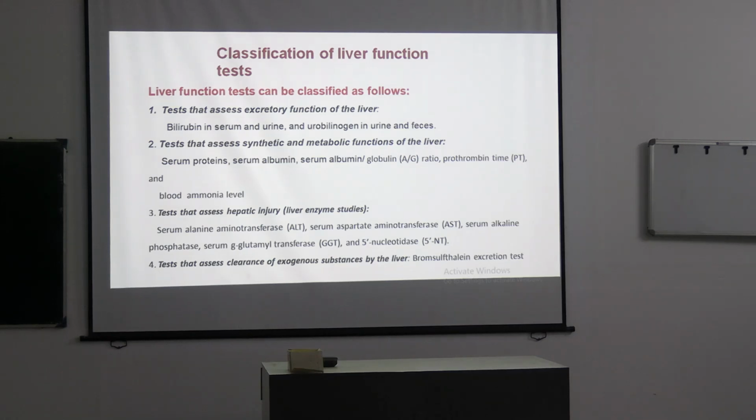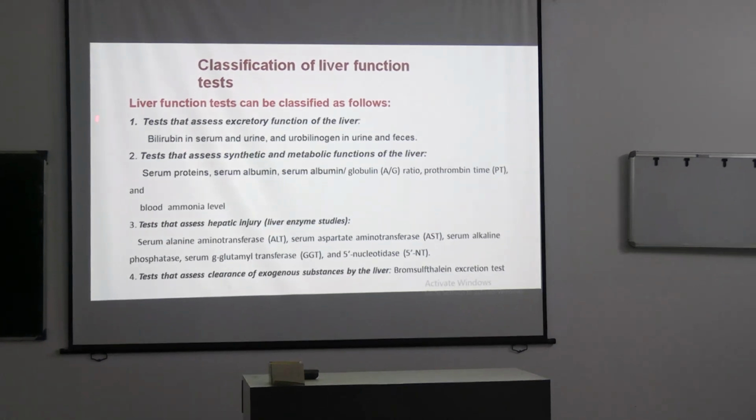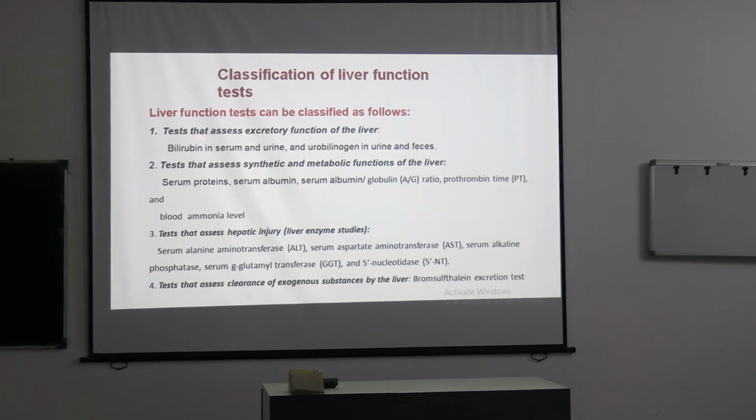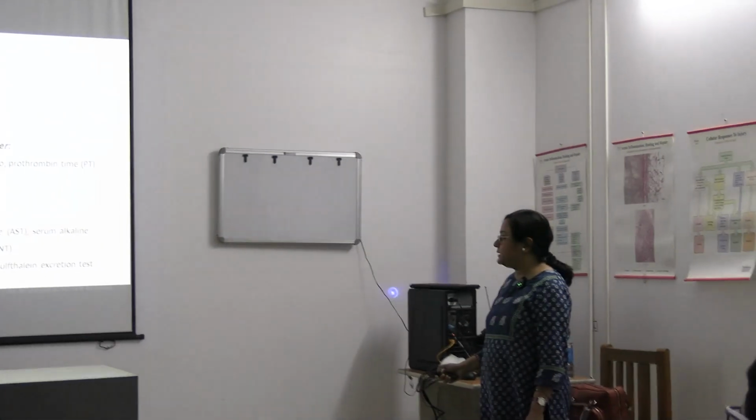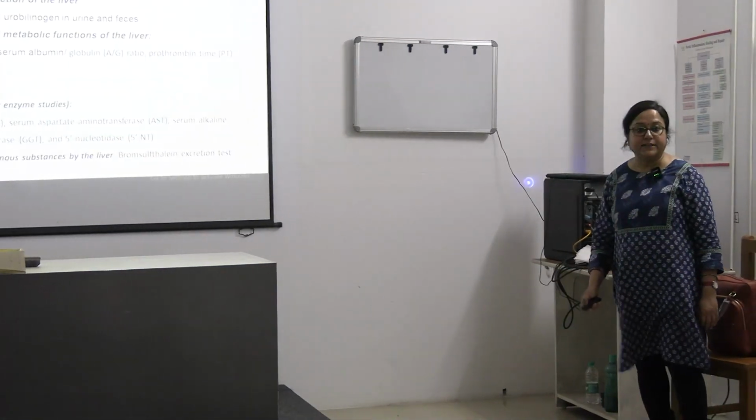For the excretory function, bilirubin and urobilinogen are measured. For synthetic and metabolic function, serum protein, serum albumin, AG ratio, prothrombin time and blood ammonia level. For hepatic injury, we study the liver enzymes, and to assess the clearance of exogenous substances, bromsulphthalein excretion test is done.